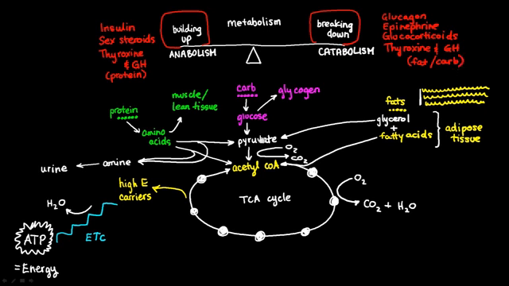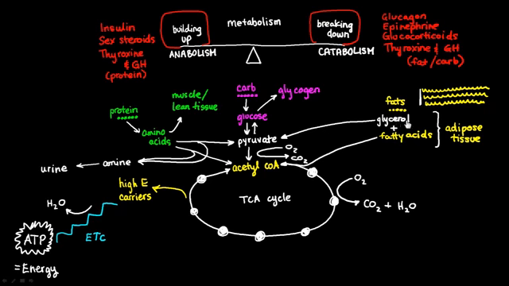The last thing I want to add here is that some of these reactions are reversible. So glucose going to pyruvate can be reversed. It can go back up in the other direction. And that's how we can make glycogen from, let's say, these amino acids that make pyruvate. This kind of amino acid can be used to make glycogen.